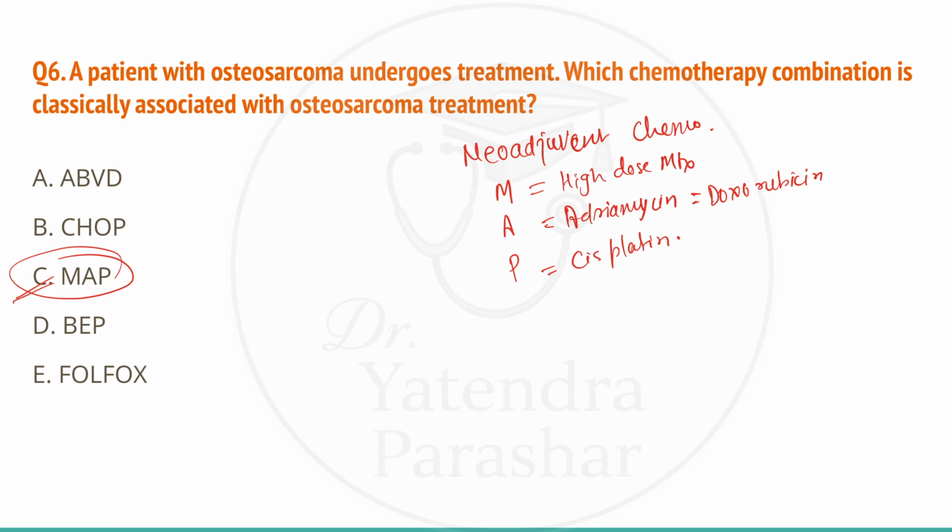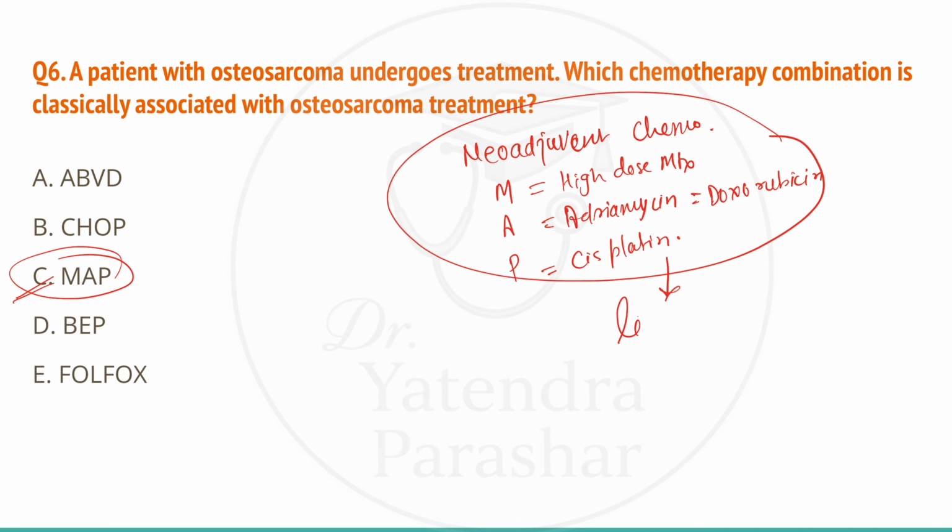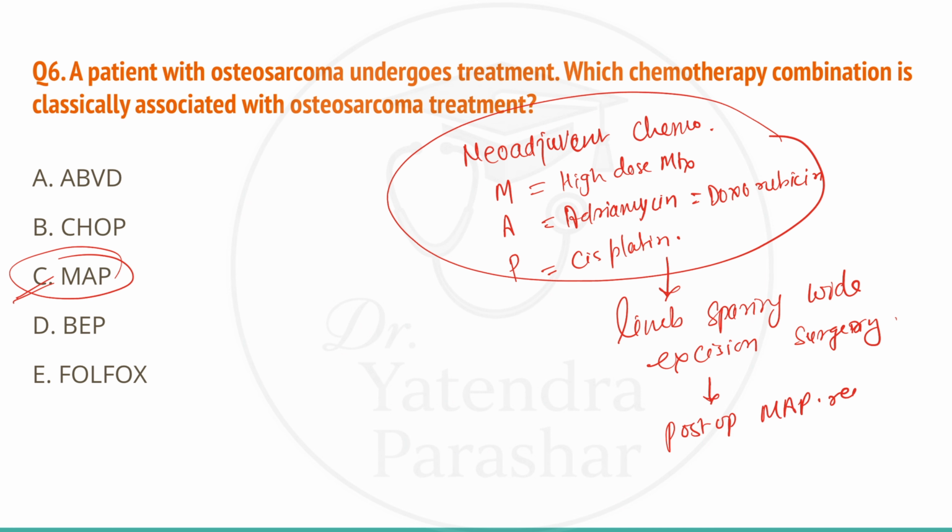After the chemotherapy, when the size of the tumor shrinks, limb sparing wide excision surgery should be done when feasible, followed by the post-operative MAP regimen.